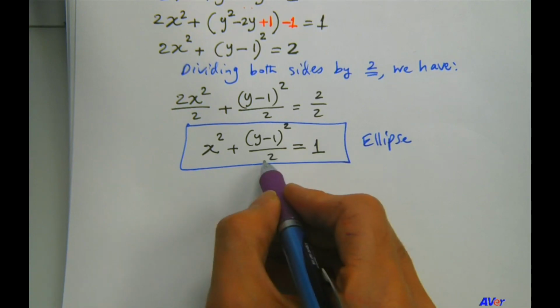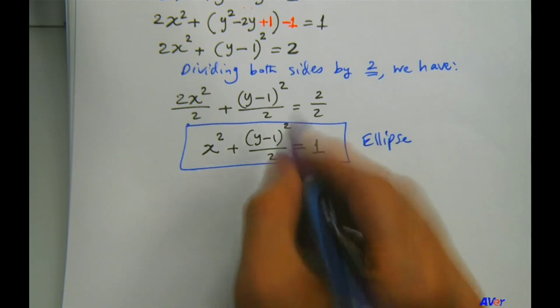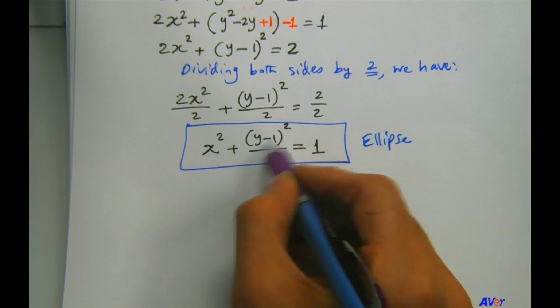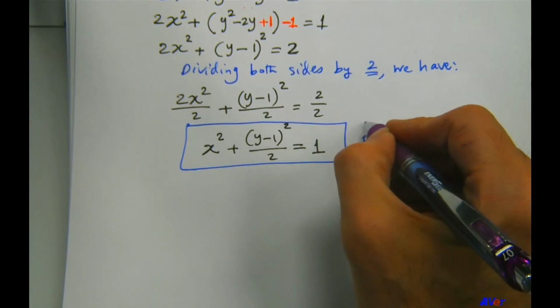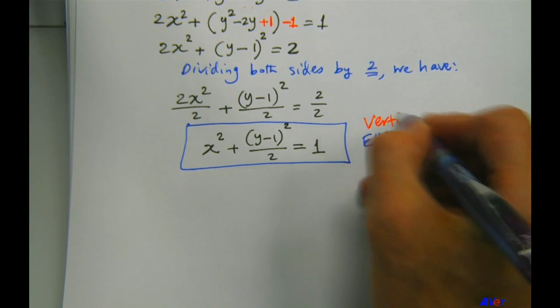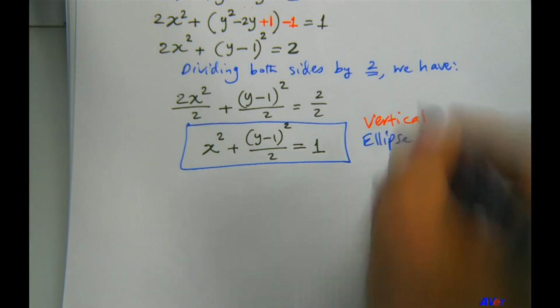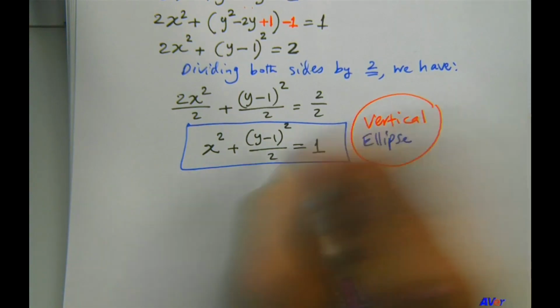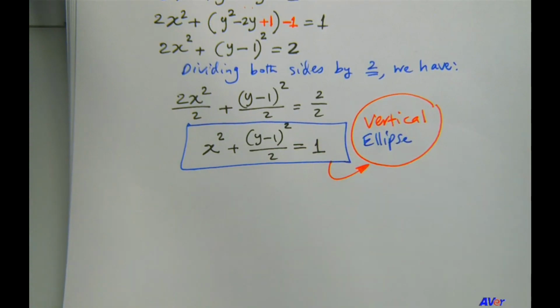So if the quantity associated with the major axis is the denominator of the y squared term, this has to be a vertical ellipse. So it is a vertical ellipse. Okay? So this is our equation, and this is the interpretation we have from it.